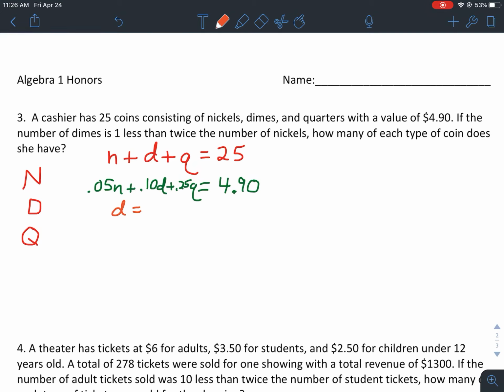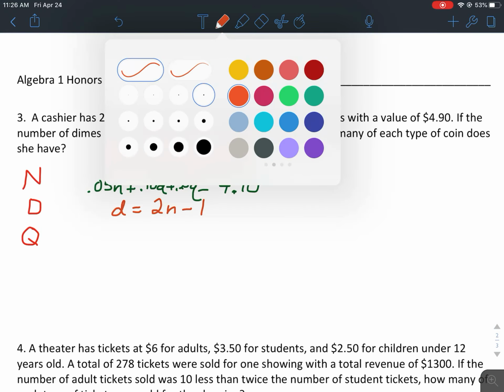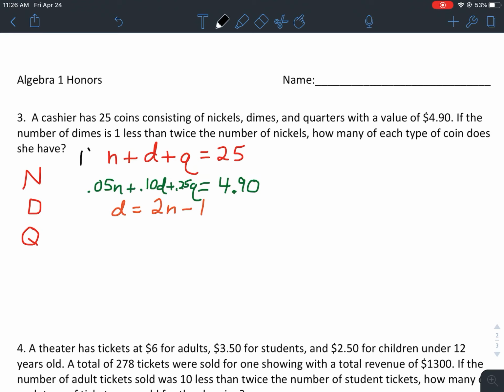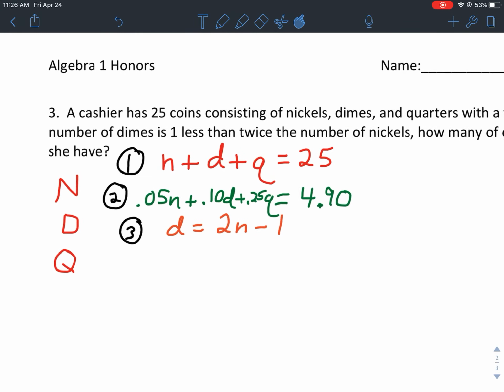One less than means something minus 1. Twice the number of nickels means 2 times n, so we have 2n minus 1. So there's our three equations: 1, 2, and 3.